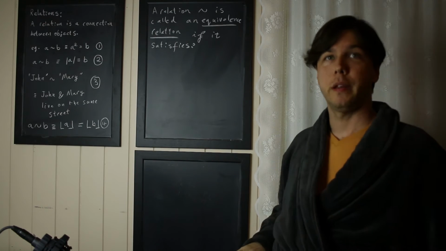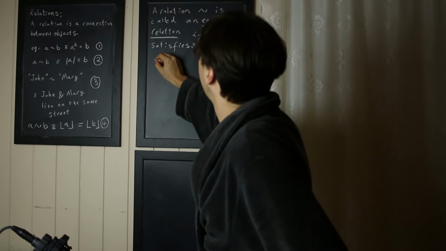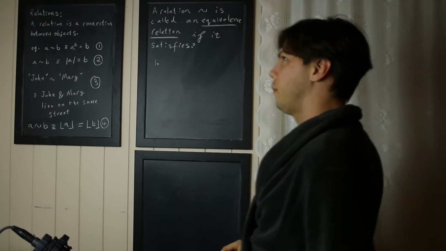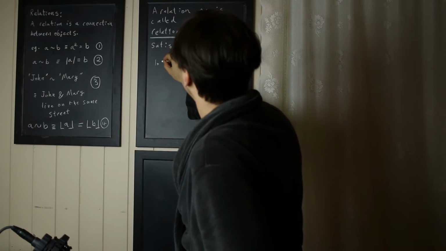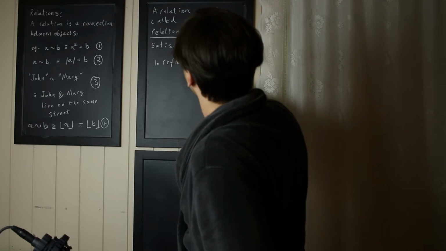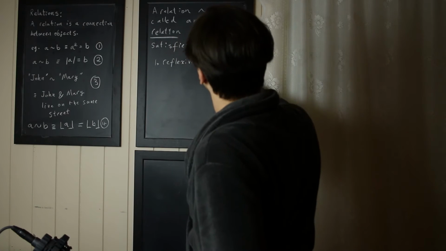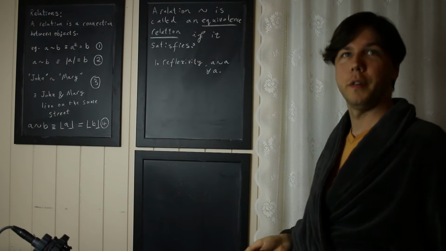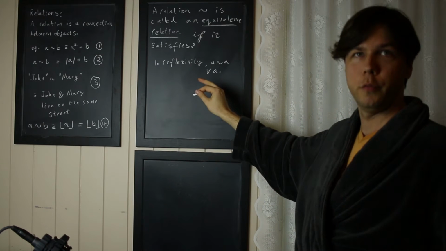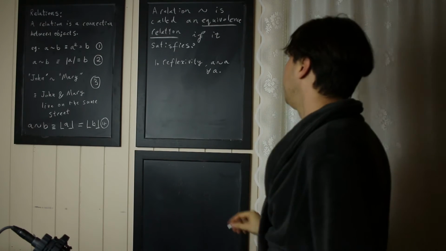We have three properties that we have to satisfy. First property is called reflexivity. Okay. So for every element of the set that we're imposing the relation on, the element relates to itself.